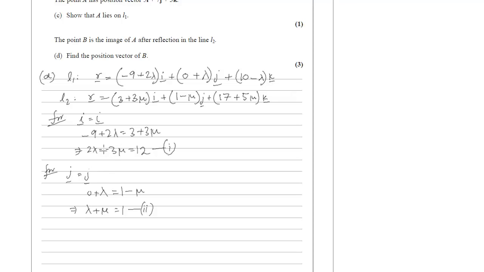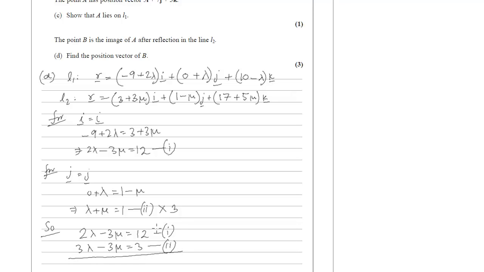So to solve this, I want to multiply this with 3 so that these two cancel off. So multiply it with 3. The first is 2 lambda minus 3 mu equals 12, equation 1. Then 3 lambda plus 3 mu equals 3, equation 2.